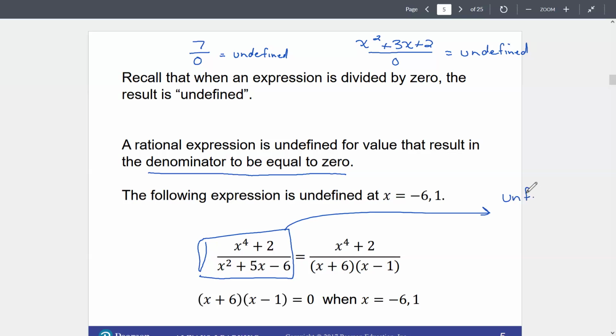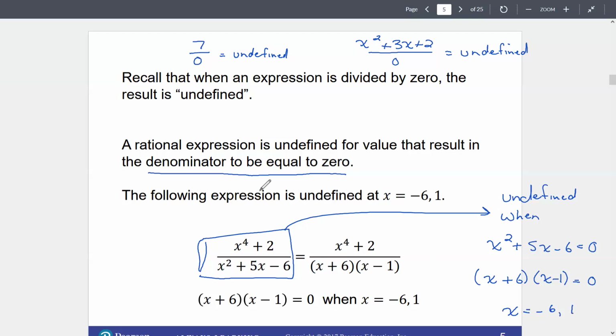This whole thing is undefined when our denominator, x squared plus 5x minus 6, equals 0. Of course, we have been playing with polynomials, so if I factor this, we get that x squared plus 5x minus 6 would only be 0 as long as x is -6 or 1. Therefore, the only places where my expression would be undefined are those two numbers.